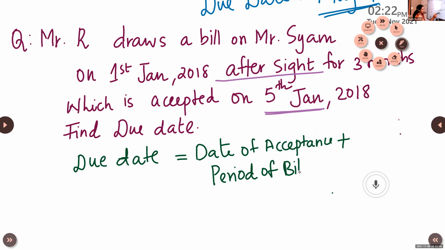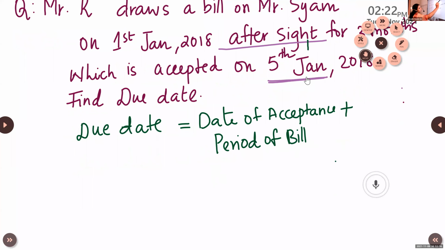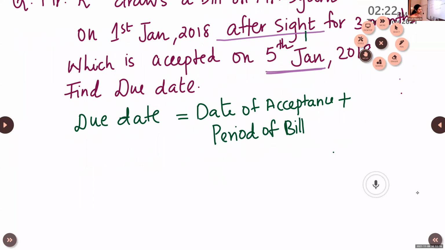Period of the bill means the time period given to the drawee to make the payment. Period of bill plus 3 days. Okay, so what is the date of acceptance?